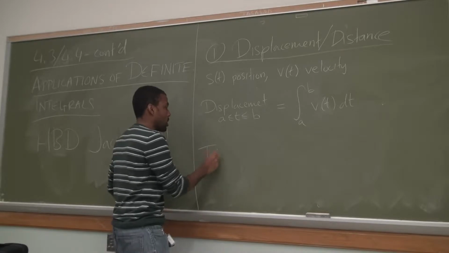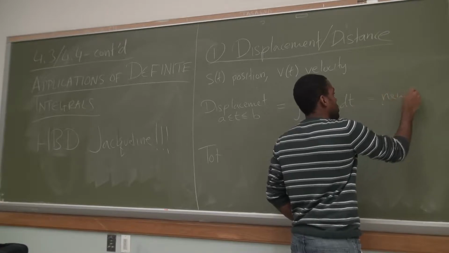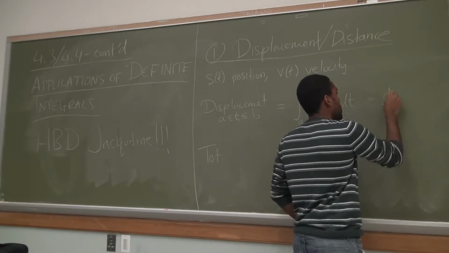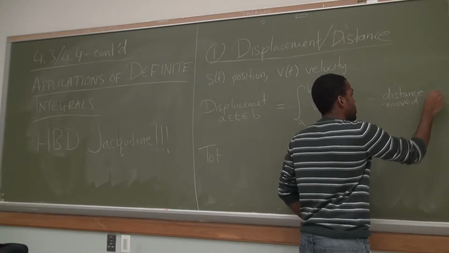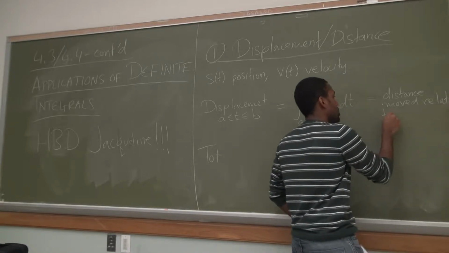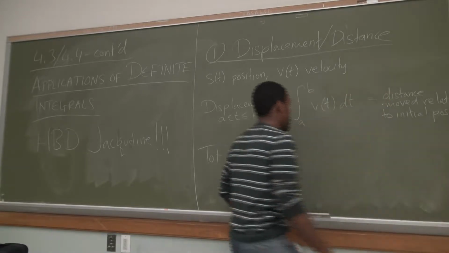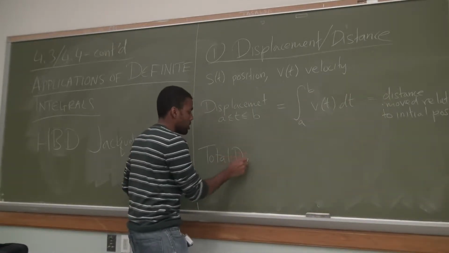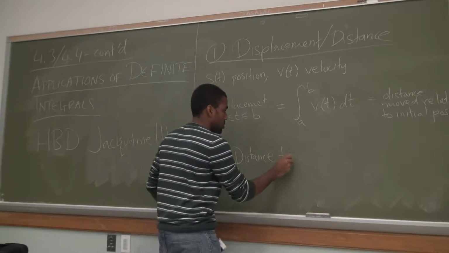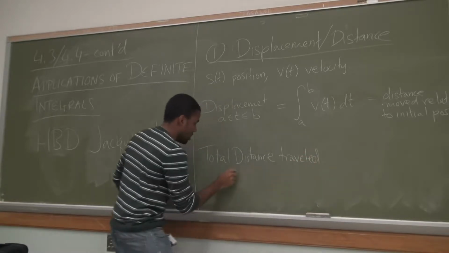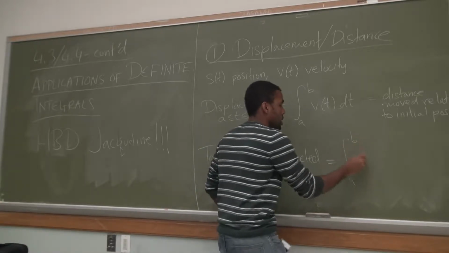The total distance traveled, which is the distance moved relative to initial, on this interval is given by, it's almost the same.